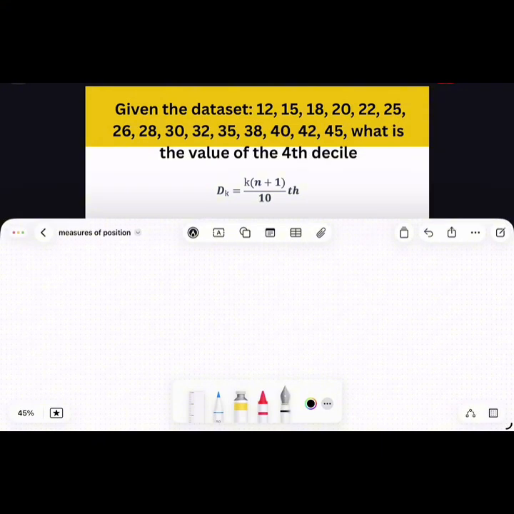So based on our given, so we have our formula D sub k is equal kay k times n plus 1 over 10. So ang hinahanap natin is the position here. So now, si D sub k, we have k. K is the position or rank na hinahanap natin. And also, when we say n, this is the number of observation.